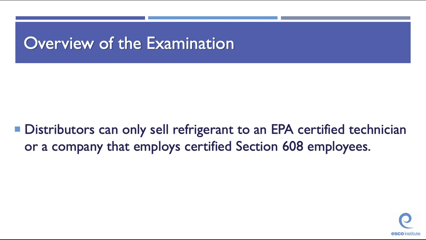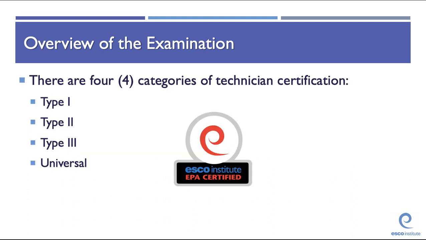Distributors can only sell refrigerant to EPA certified technicians or a company that employs certified 608 employees. Automotive refrigerant is covered under Section 609 of the Clean Air Act. There are 4 categories of technician certification.